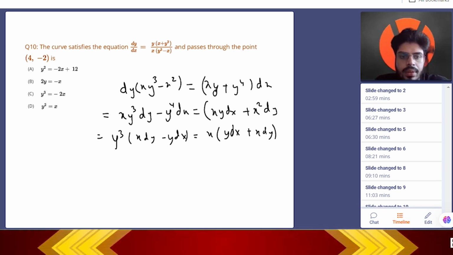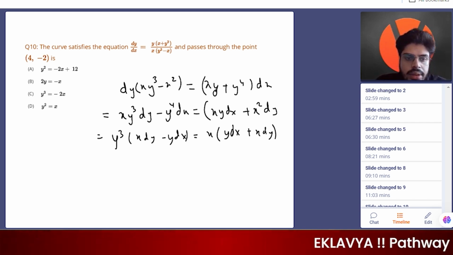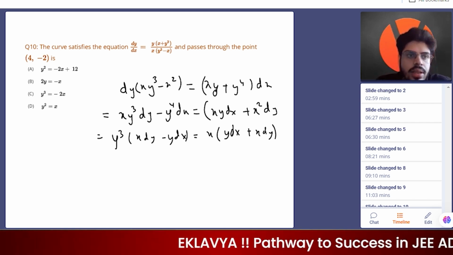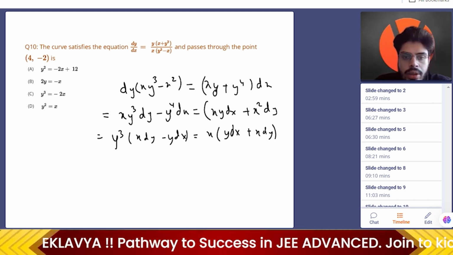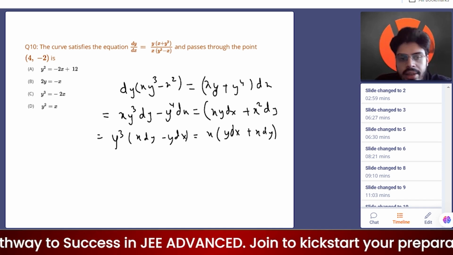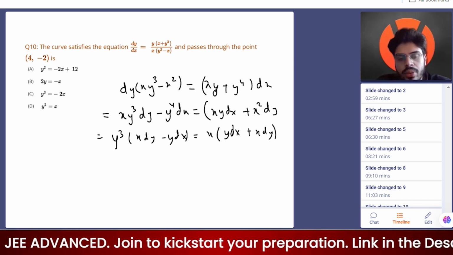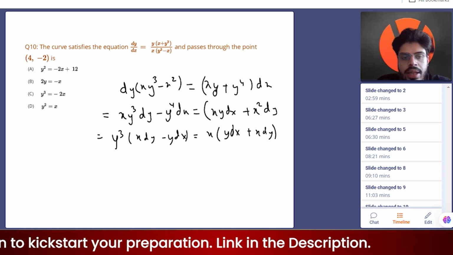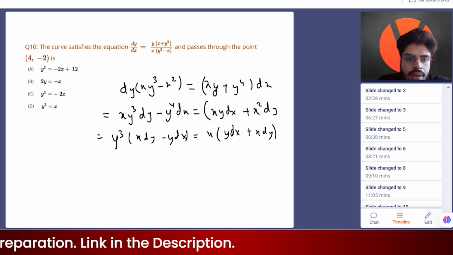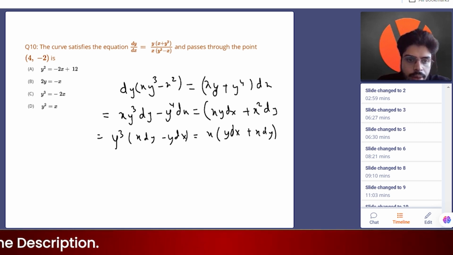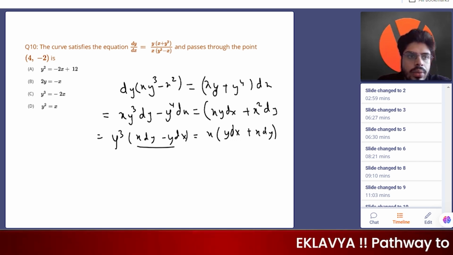Okay, so this one is the product rule, and this thing can be the quotient rule if I have divided by denominator square. If I divide this by the square of denominator, I will get the quotient rule.